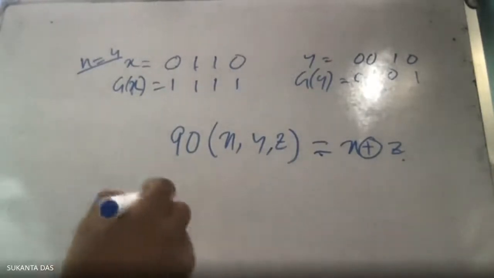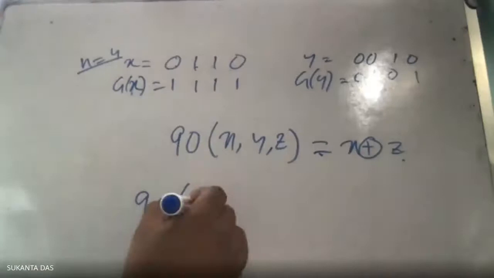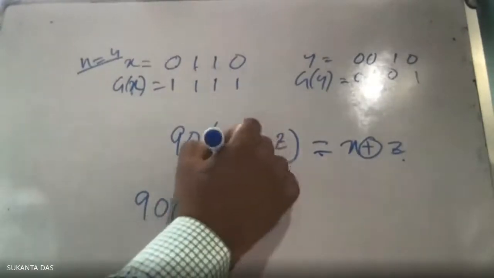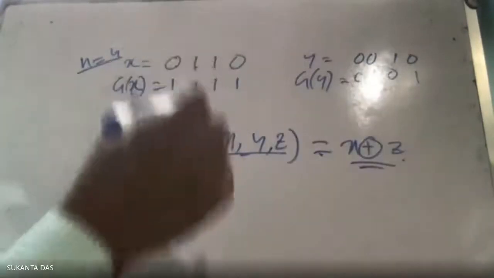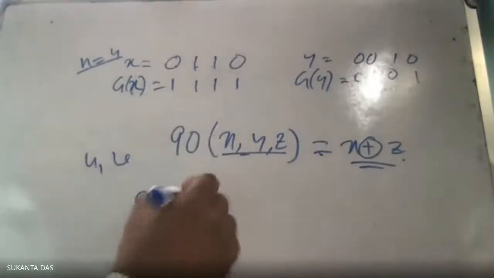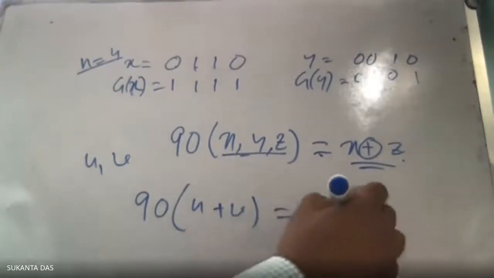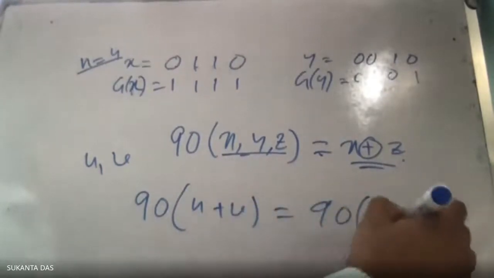Should I show it again? It's okay. If I take two vectors, instead of x, y that I used here, say u and v, then 90(u plus v) is to be 90(u) plus 90(v).